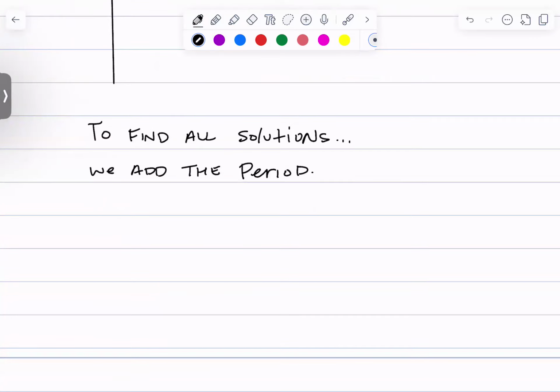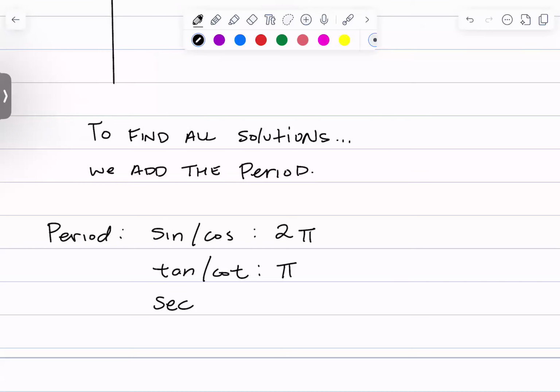Okay. So the period of sine and cosine is 2 pi. Period of tangent and cotangent is pi. Period of secant and cosecant is also 2 pi.